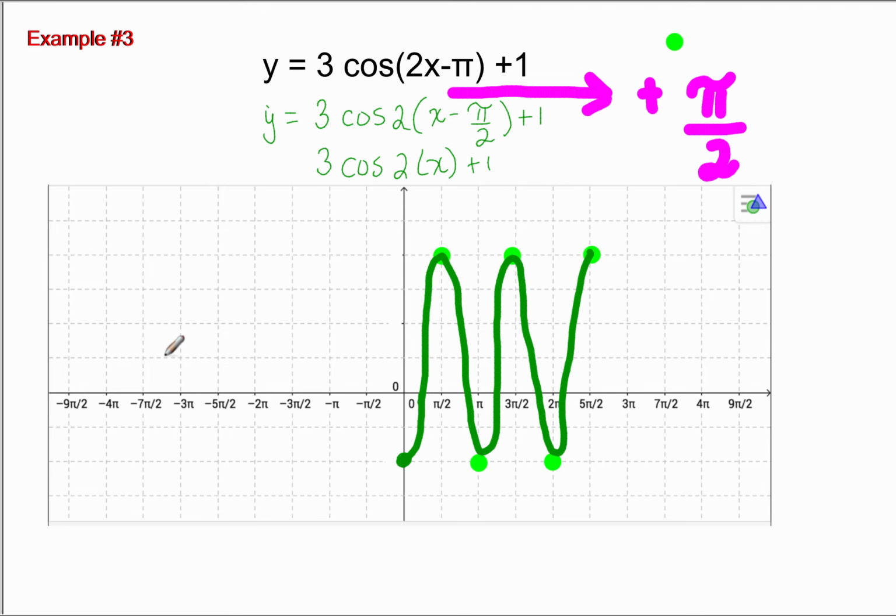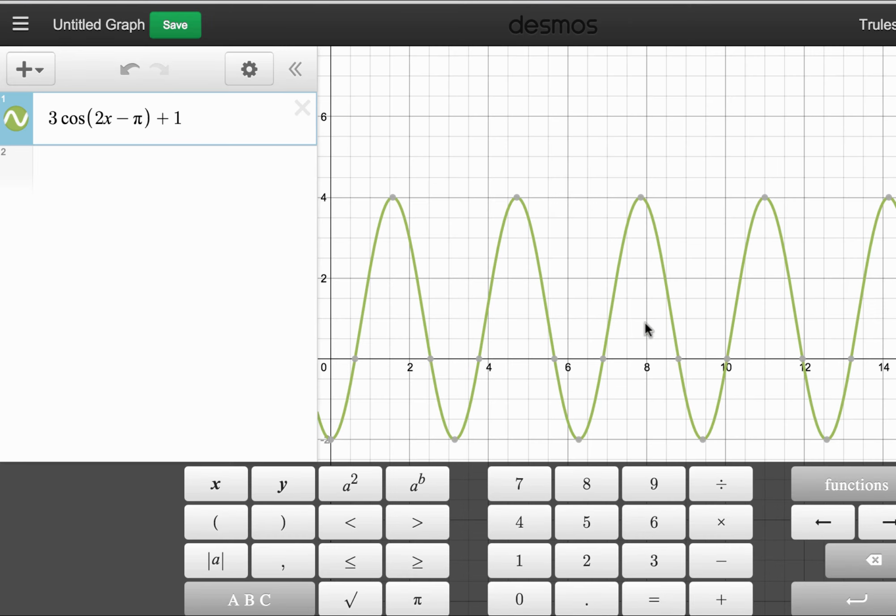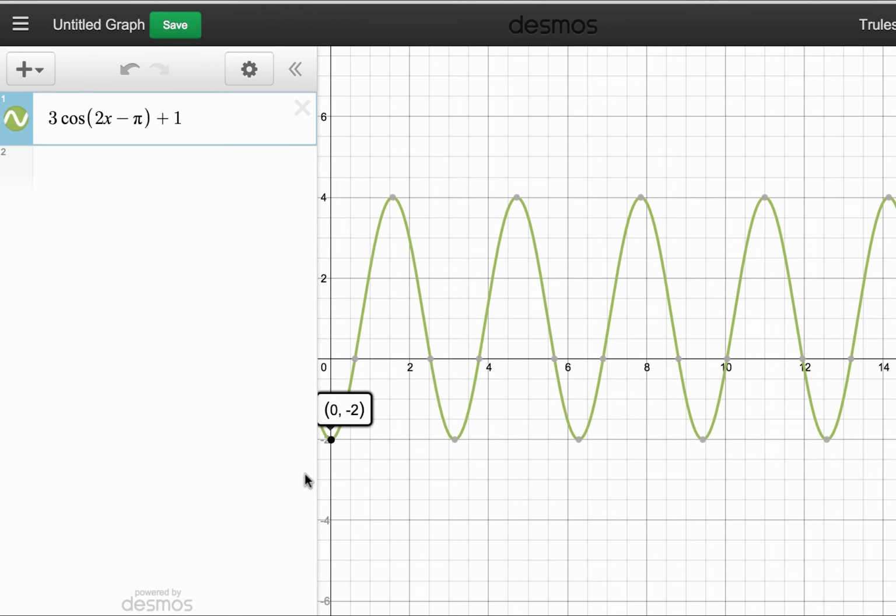So once again, I'm going to go to Desmos and check myself. Here is my original. Make sure this matches my original. So let's take a screenshot of that and see if it matches up.